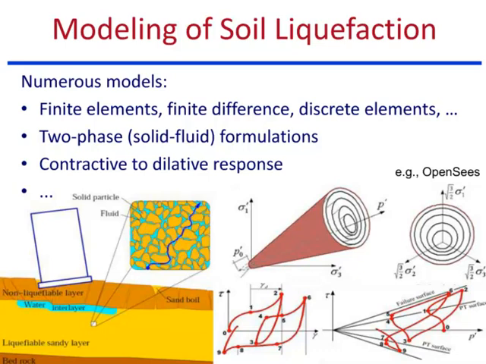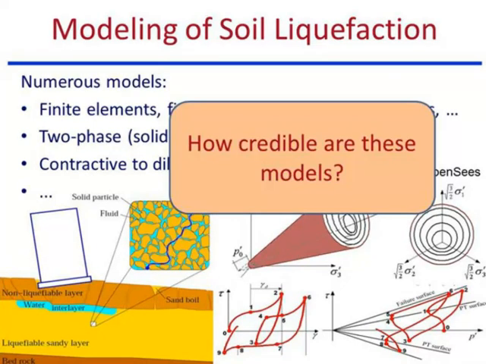These models are sophisticated. However, practitioners as well as researchers will not use these models if we don't answer the credibility questions, or in other terms, how credible are these models?